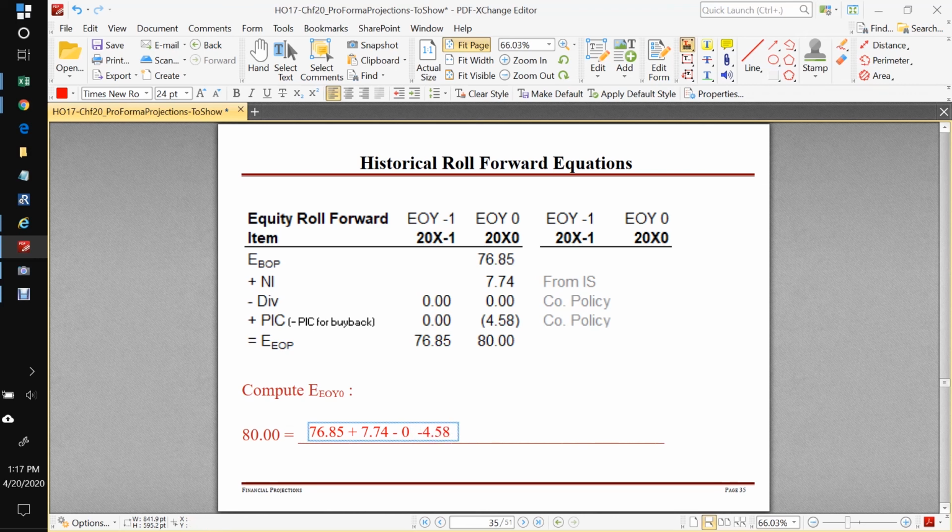Remember, they had a little share buyback. They had an investor who wanted to leave, so they bought some shares back. That was fine. That looks good.